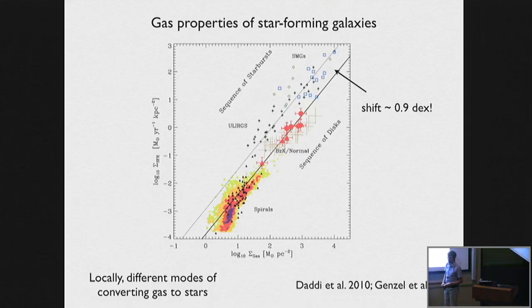So this is what people are probably familiar with, a Schmidt-Kennicutt law: given a gas surface density, there's going to be a corresponding star formation rate density.